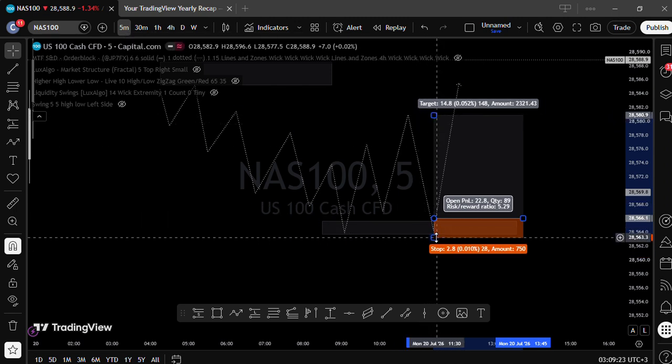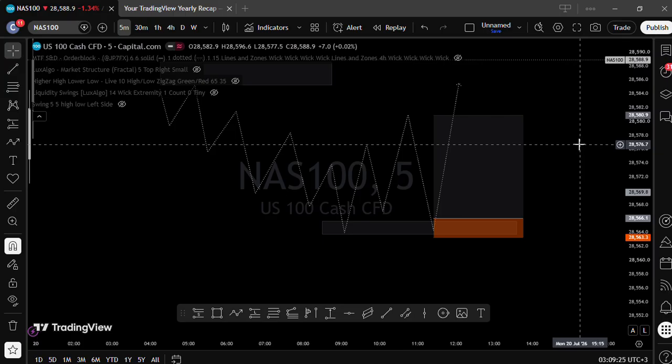So yeah, that's a rough idea of how I trade, and maybe I'll just try to show you in the examples how I traded in this particular week. So I mostly trade indices. This was Nasdaq, S&P 500, US 30, and sometimes I trade German, that is the DAX, and also UK 100 at times.